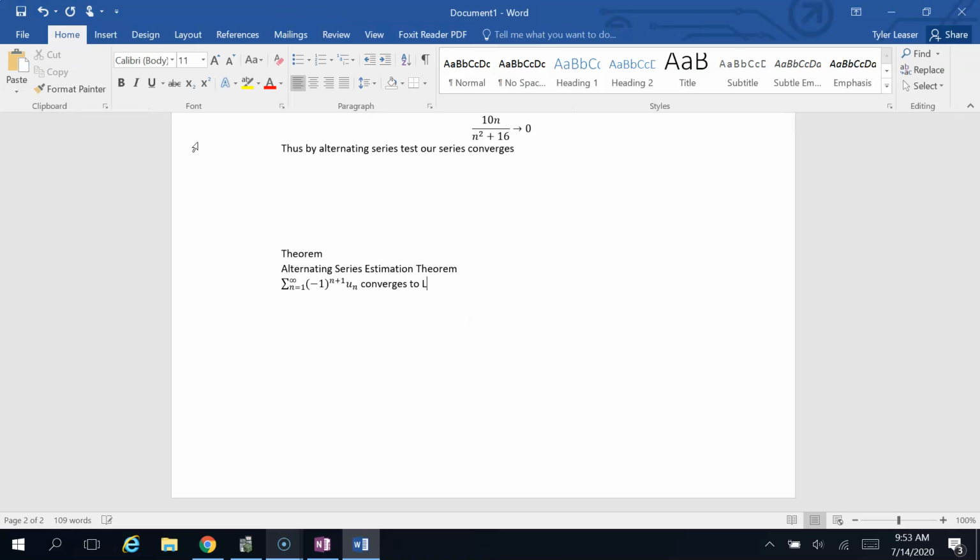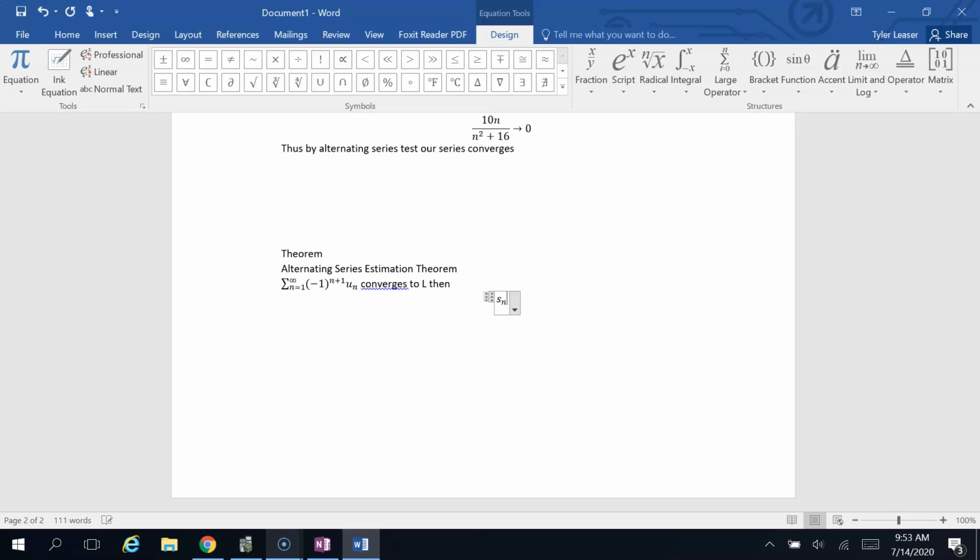So let's say you already know that this converges to L, then that means that the partial sums would just be u1 minus u2 plus u3 minus u4 plus, and it would go all the way to whatever u sub n is, whether it's positive or negative, we don't really know.